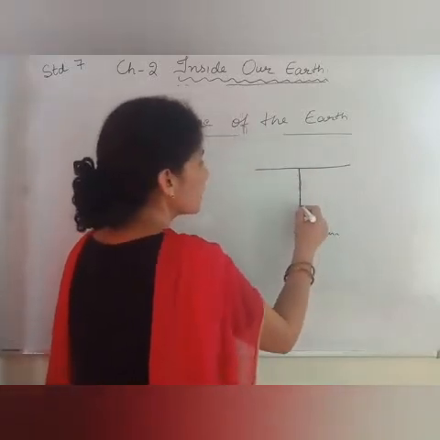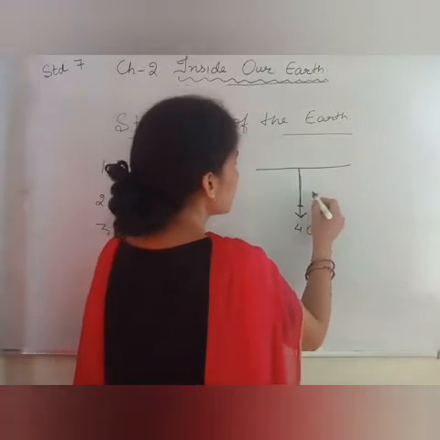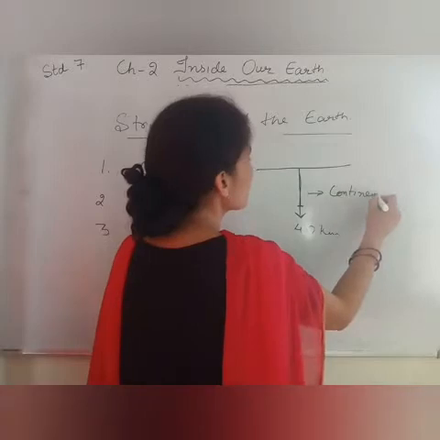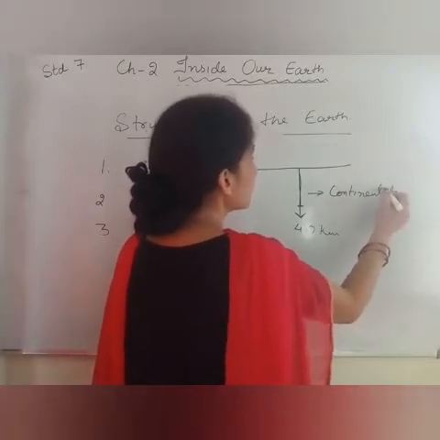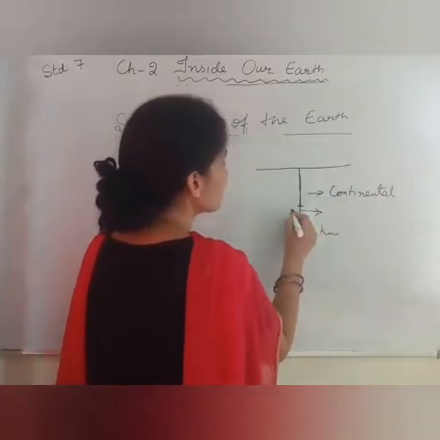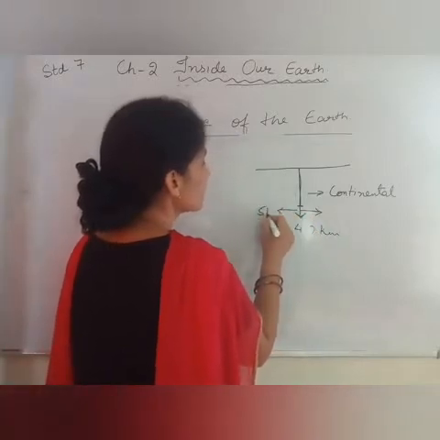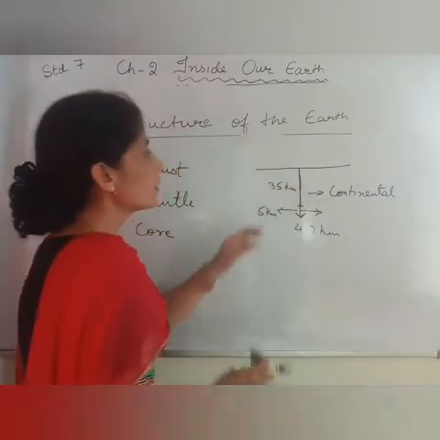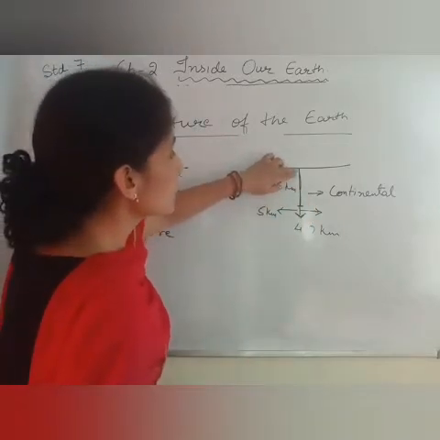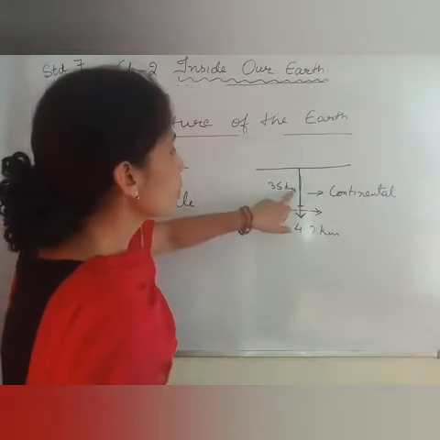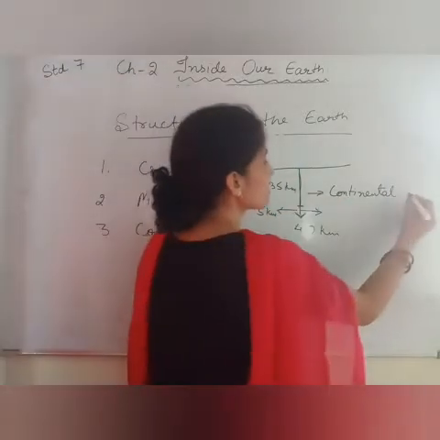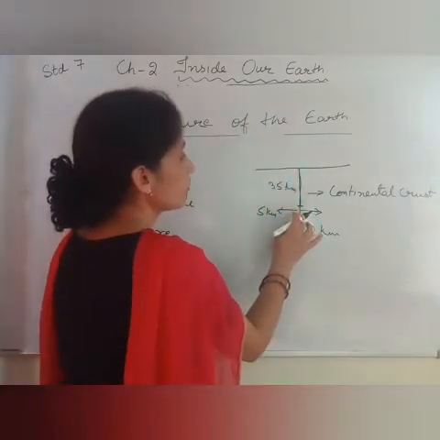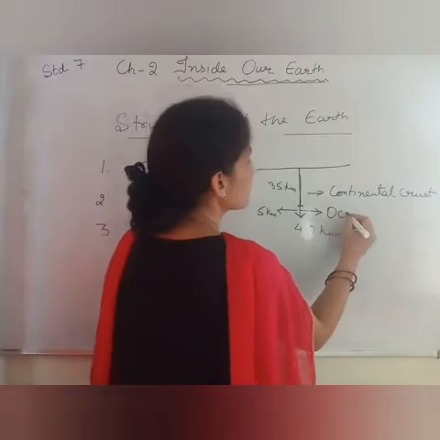The upper layer up to 35 kilometers is the continental crust. From the topmost layer to the depth of 35 kilometers is called the continental crust, and the last 5 kilometers is known as the oceanic crust.